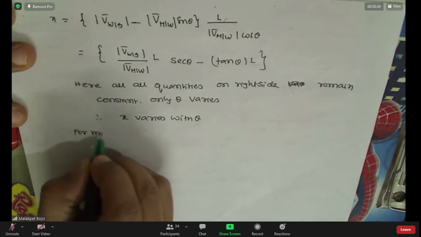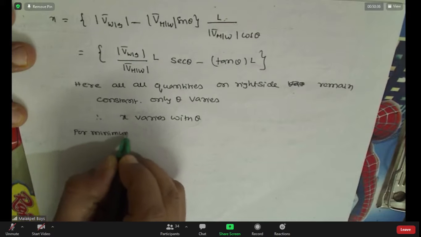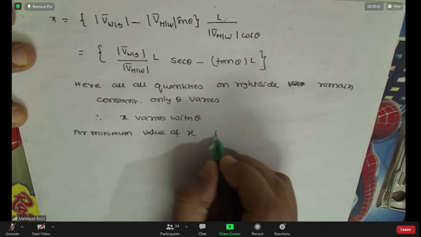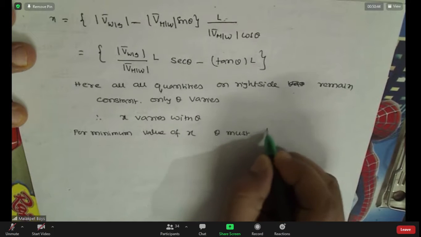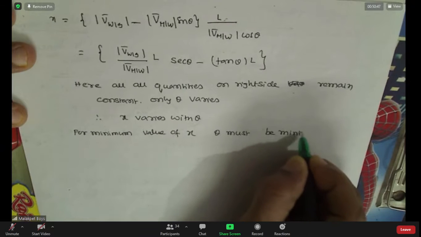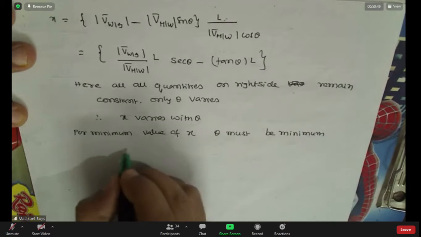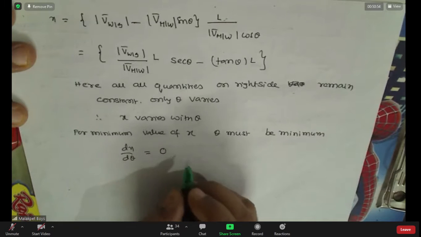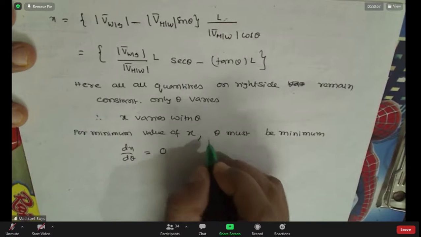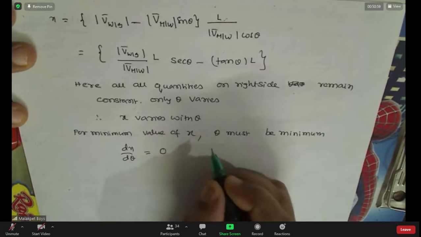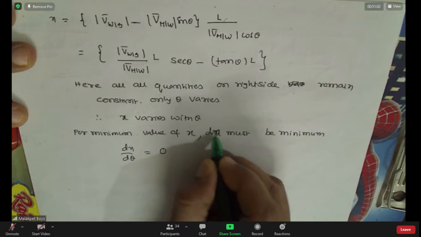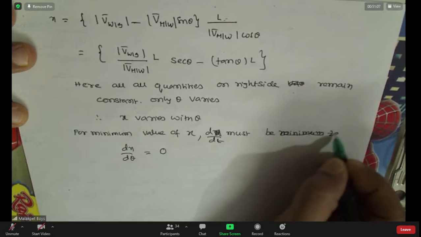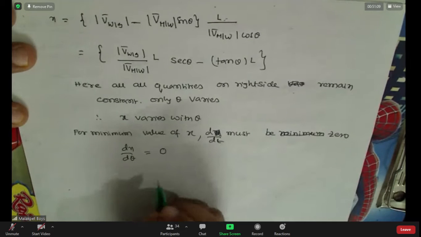Remember this? The maximum minimum theory we have done.